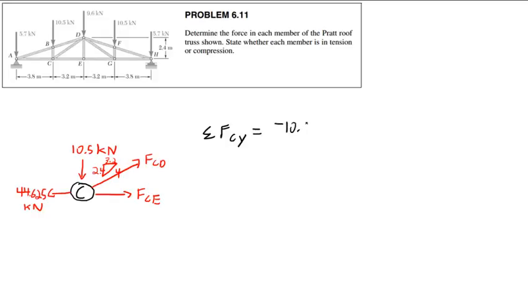Negative 10.5 kilonewtons plus FCD times 2.4 over 4 is equal to 0. So, does this make sense? Compression, yeah, that makes sense.